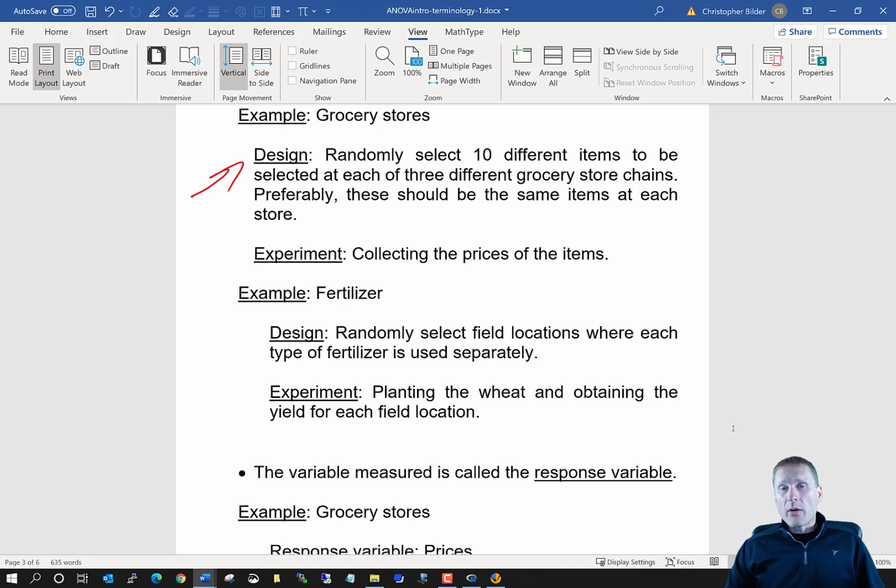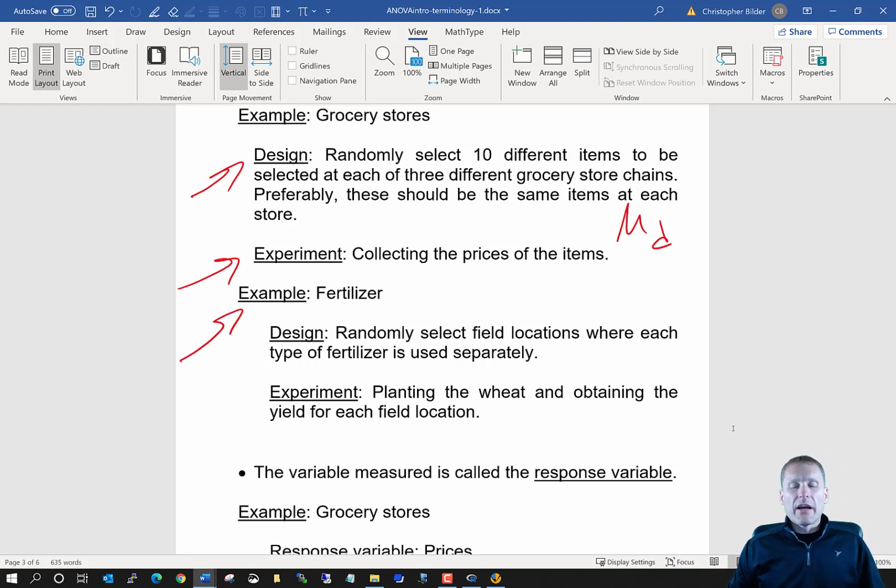The key reason why we want to design it in that way is that by sampling the same items at each store, let's say a box of Wheaties cereal, it allows us to make direct comparisons on exactly the same item at each store. The reasons behind that are exactly the same as what we saw previously when we were doing hypothesis tests for µ of D, when we had this paired data. So the experiment in this situation would be going out and collecting the prices of the items.